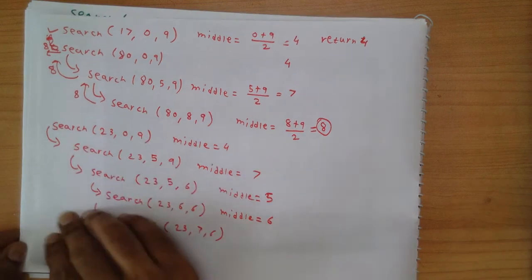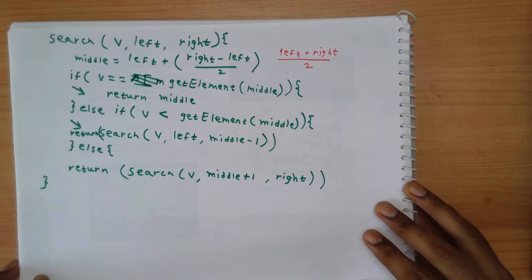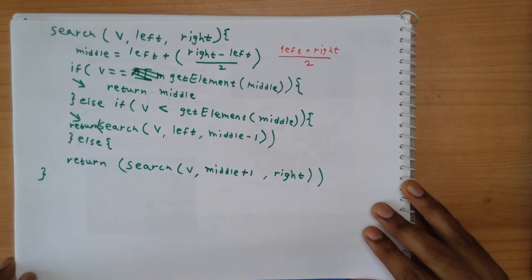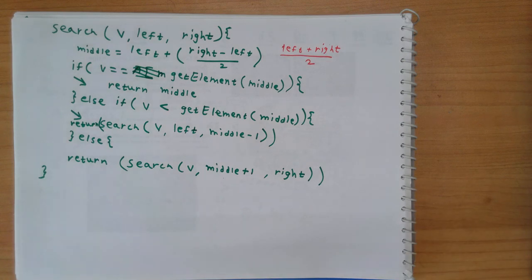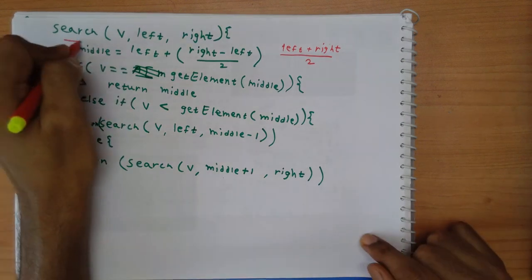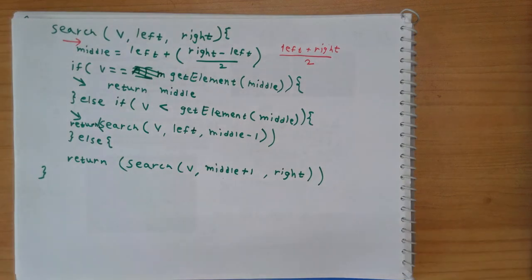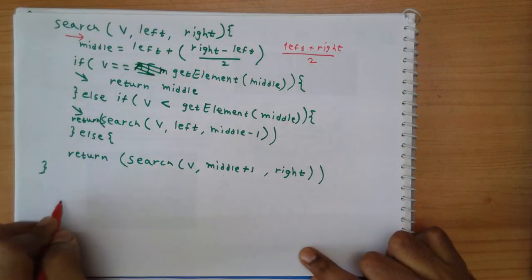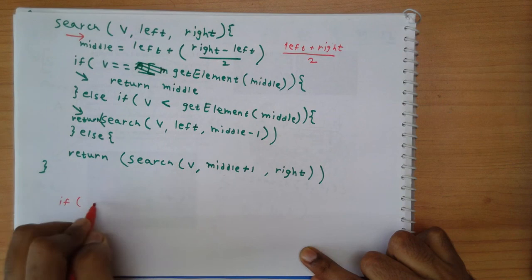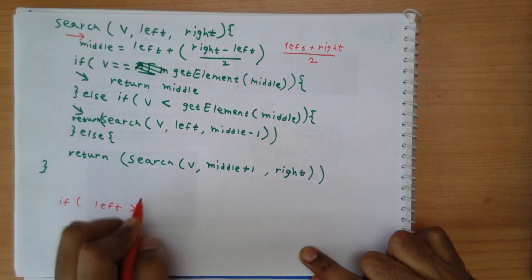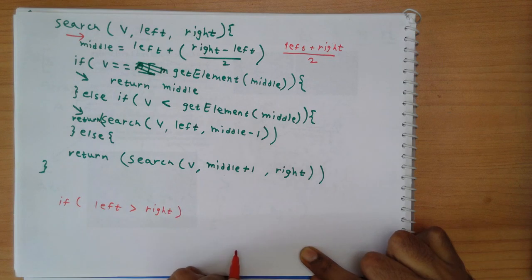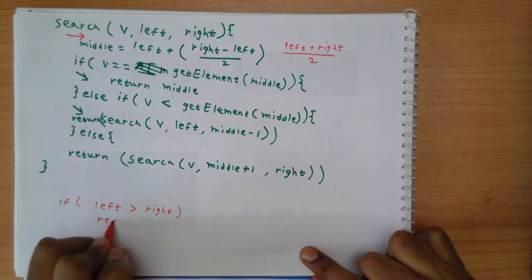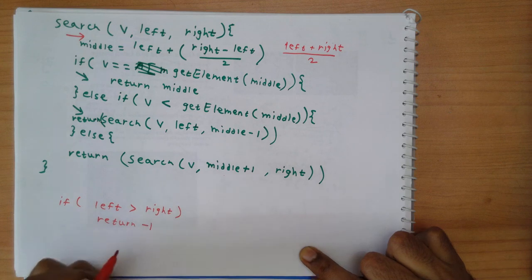So what went wrong? In the pseudocode that we had written, we never took care of the situation that the value we are searching for might not be present. So we have to add a block here. We have to check if our left is greater than right. If this is the case, then we have to return -1.